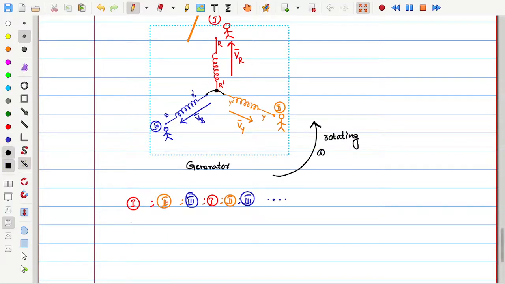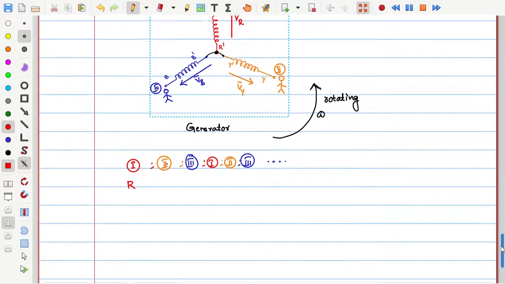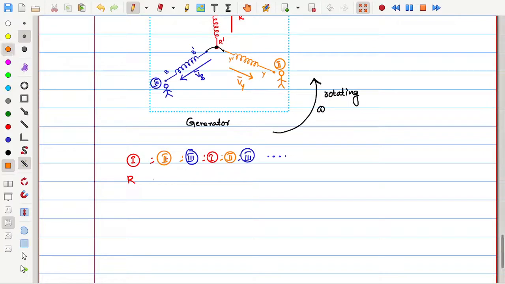First is R followed by Y, then followed by B, then again R, then again Y, then B, and so on. This will keep on repeating.